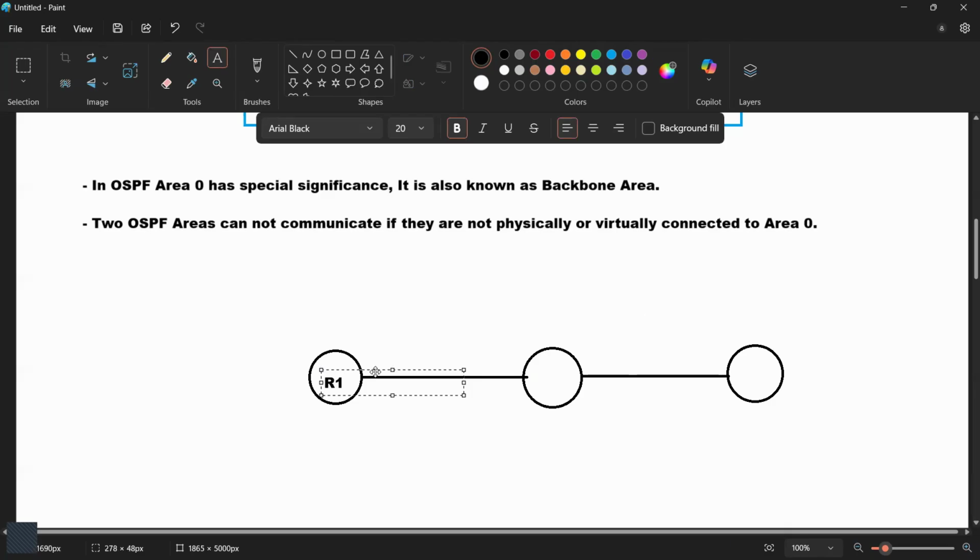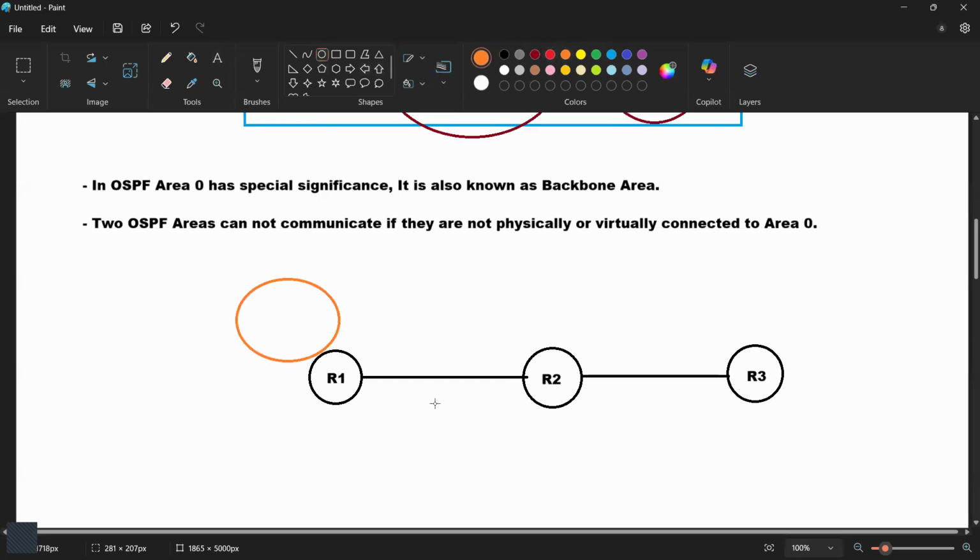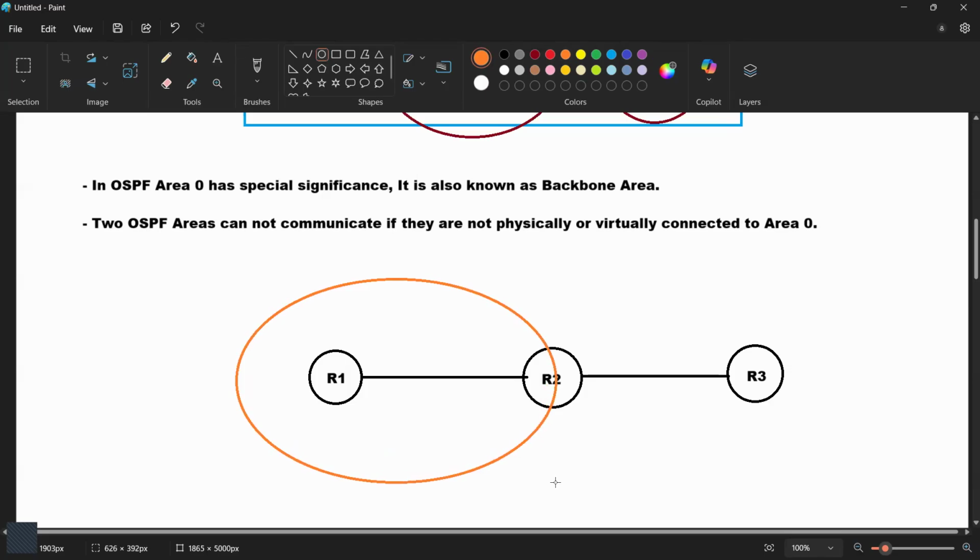R1, R2, R3. This is one area. Remember, an area is not a router.